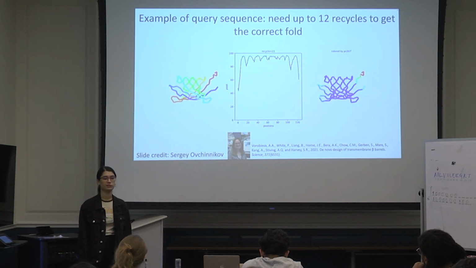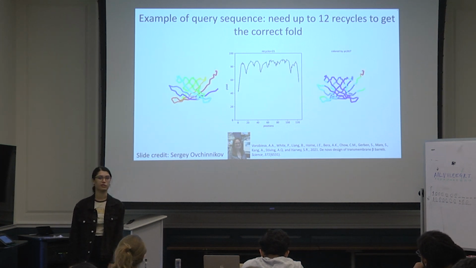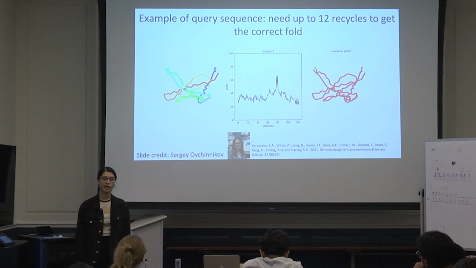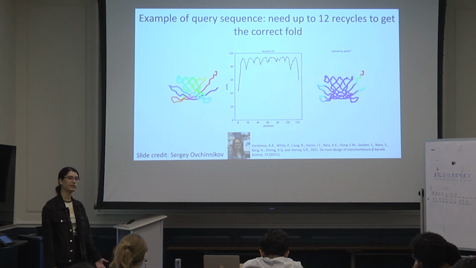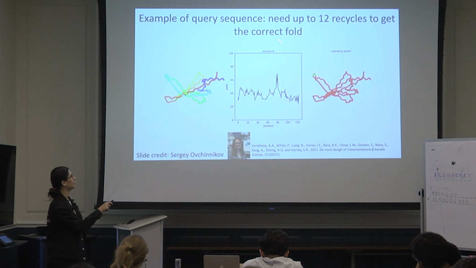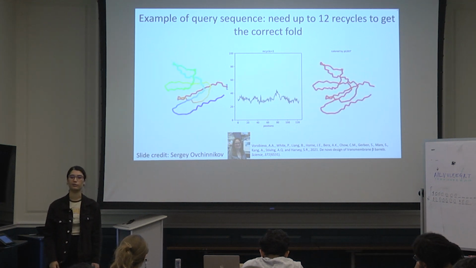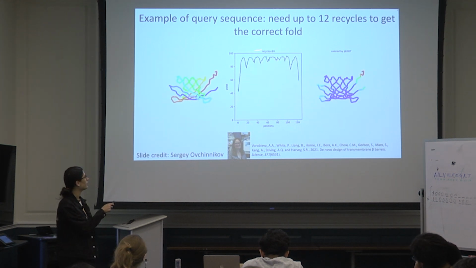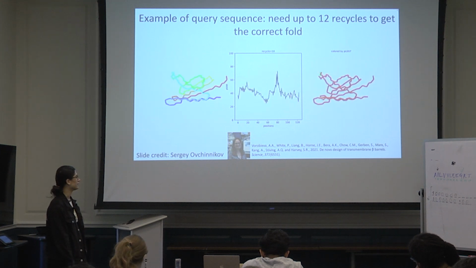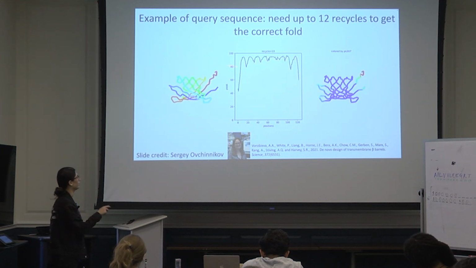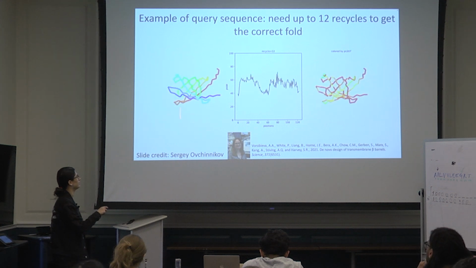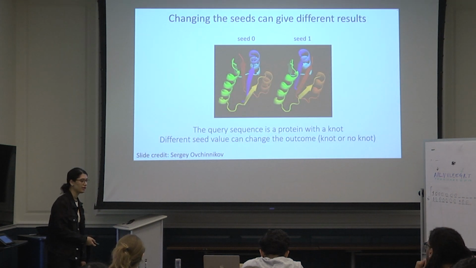So maybe it's a waste of time to have that database search, because that also takes computational time. Maybe you don't have MSAs and templates to go off of, and the number of recycles will entirely depend on your problem and your protein. If it's de novo, maybe this number is different. In this case, we can see that it takes a longer time and more recycles.